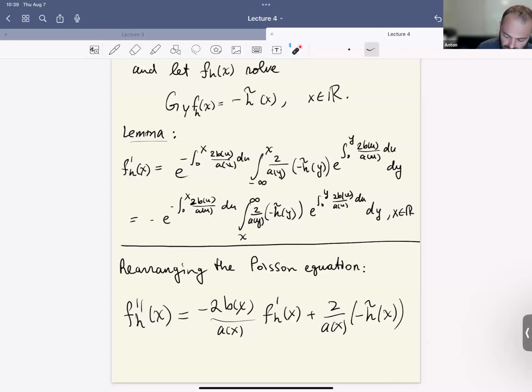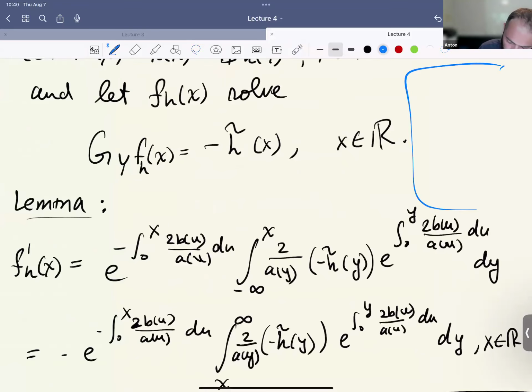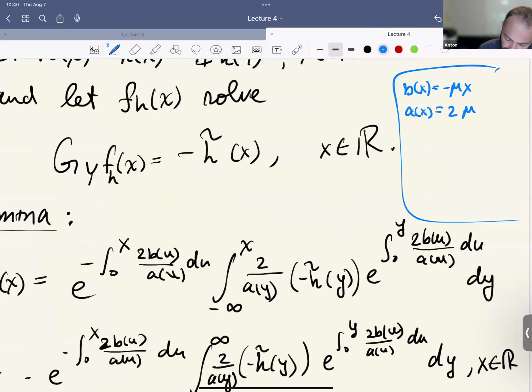Let me now show you, in our special case, I'll write it over here by the side. Again, b of x is negative mu x, a of x is 2 mu. So I just want to write out this form of the derivative so that you get a better sense for it.